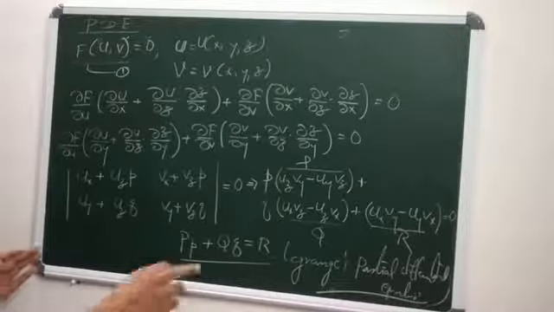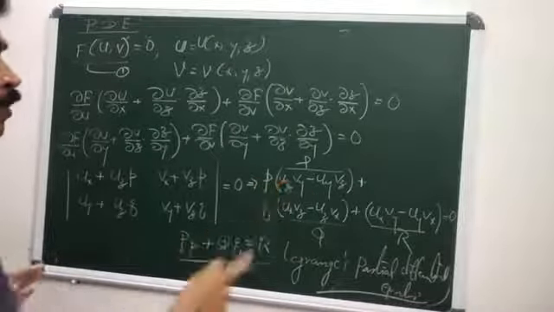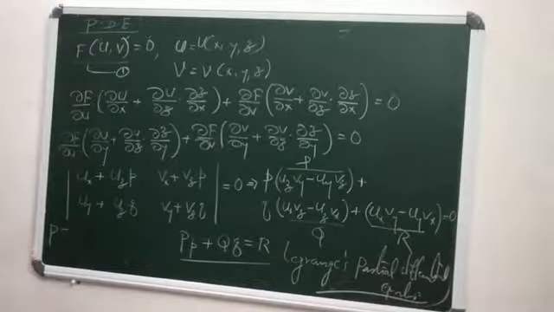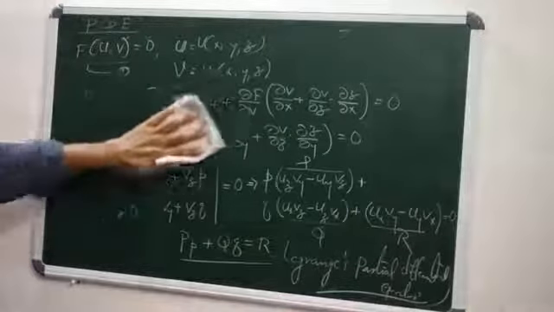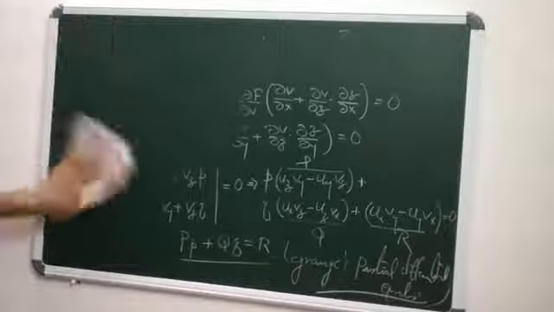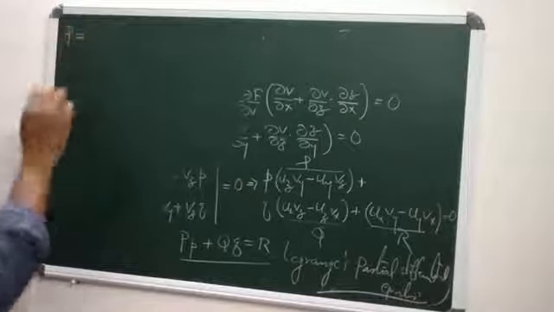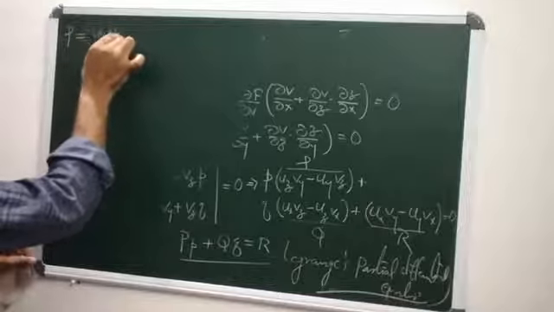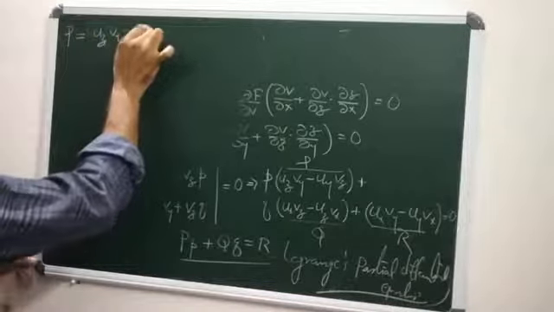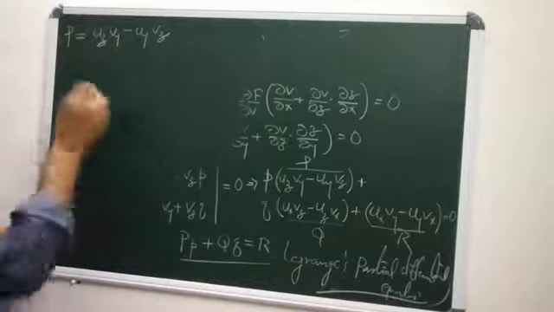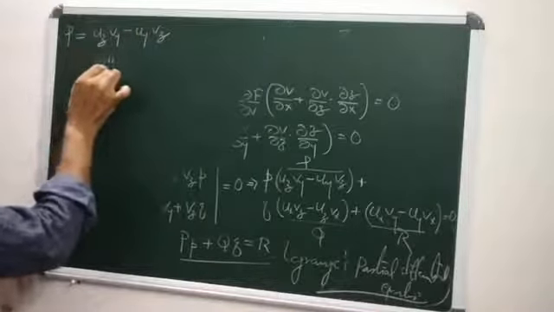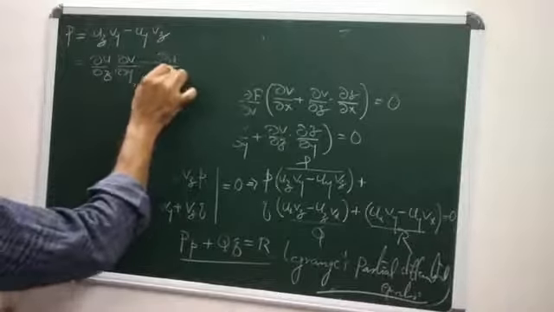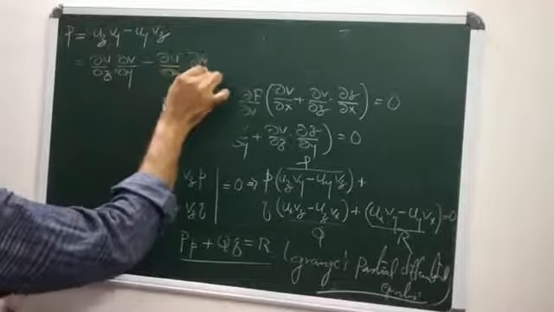So what is this capital P? Capital P is uz vy minus uy vz. That is del u by del z into del v by del y minus del u by del y into del v by del z.